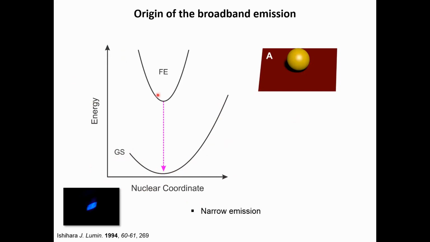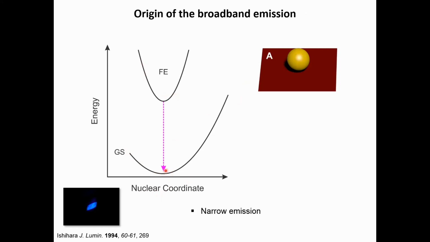And then I have my excited state. This is my free exciton, meaning that I have generated an electron and hole pair that doesn't affect the lattice in any way. So this would correspond to me hitting a ball against a net and the net not moving.